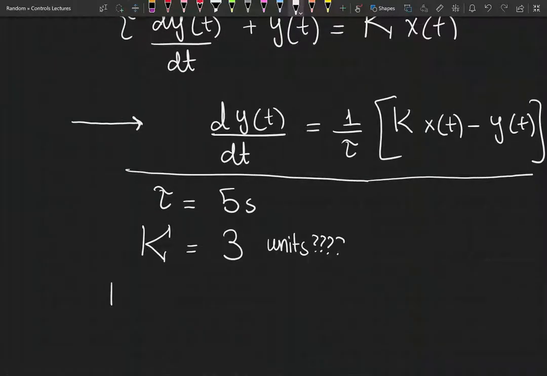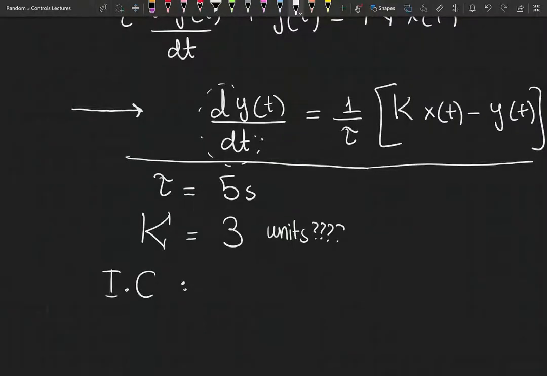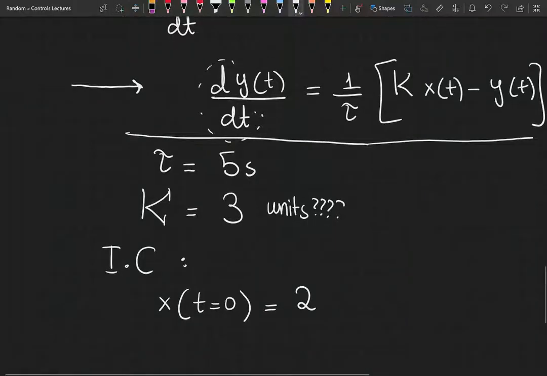Also, the initial condition. We need one initial condition for y. So when x at t equals 0 is equal to 2, and the initial steady state response, we're going to talk about that in the next video. What does that mean?